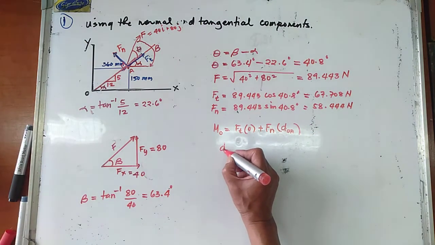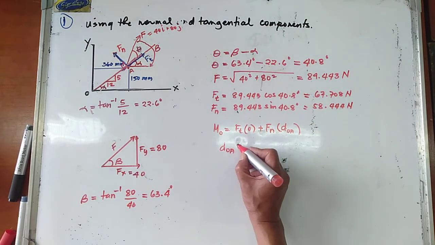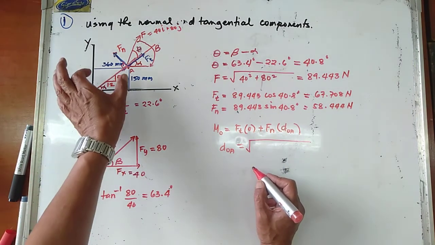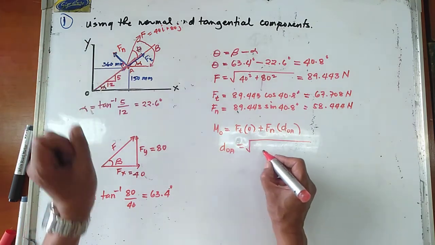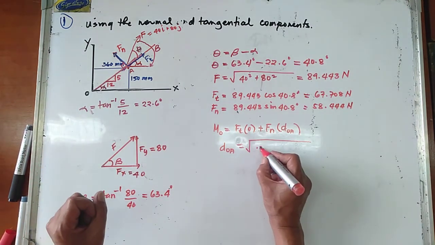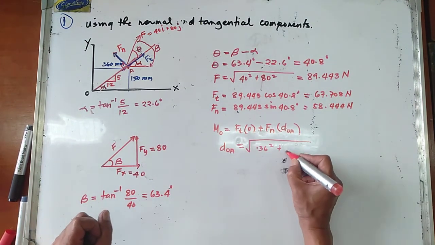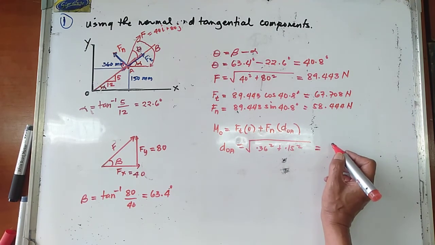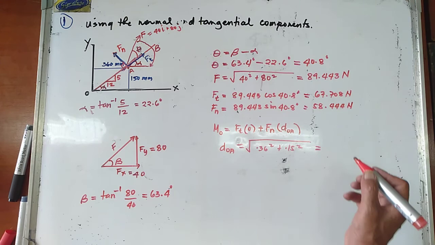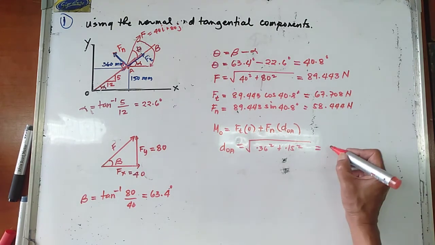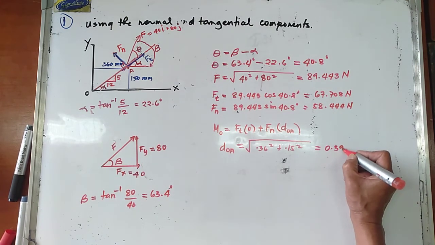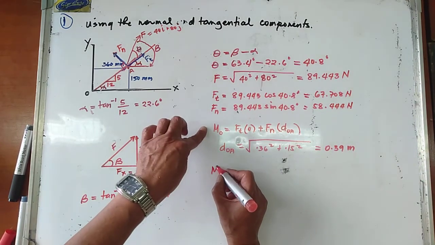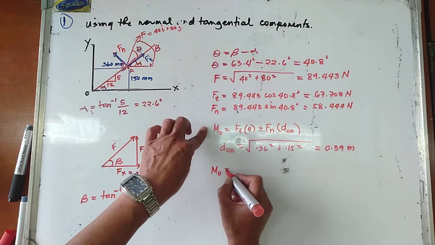How are we going to determine it? Your distance OA is equal to the square root of 0.36 squared plus 0.15 squared, and this is therefore equal to 0.39 meters.